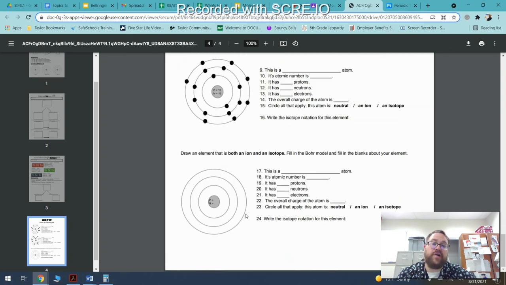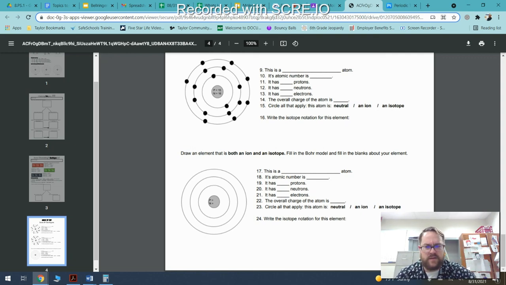And here you're going to create an element that is both an ion and an isotope. So that means it needs to have a charge, either positive or negative. I don't care which one you make it. And it needs to be an isotope, so it cannot have the same number of neutrons. So you can pick an easy one. You can pick one of the first few atoms. Like you got hydrogen as the first atom, then you got helium as number 2, lithium's number 3, beryllium's number 4.